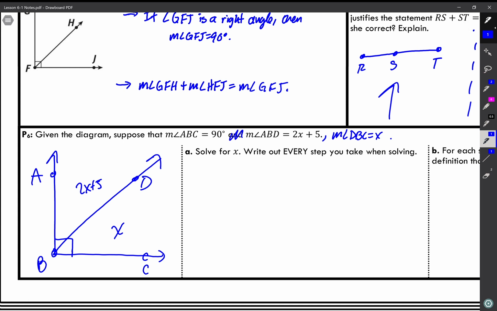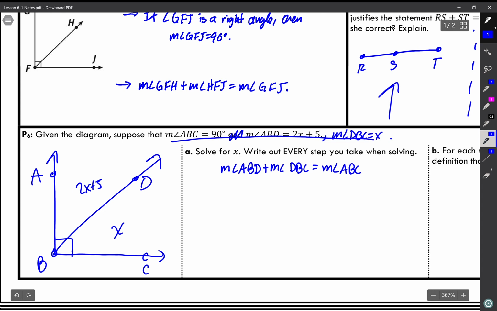So I know that the measure of angle ABD plus the measure of angle DBC is equal to the measure of angle ABC. This angle plus this angle equals the whole angle. Next, I have expressions for all these. These are my given statements right here.